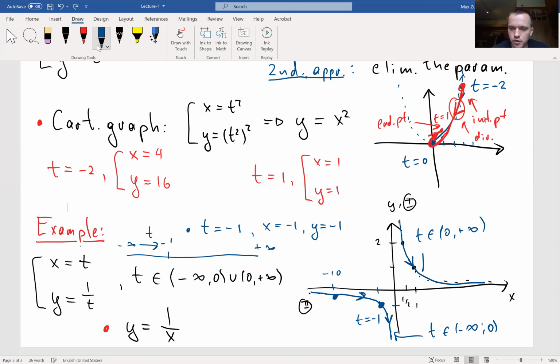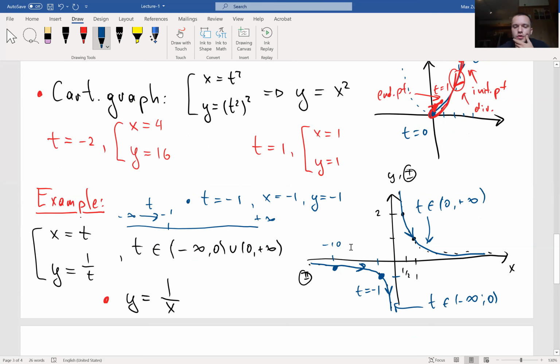Okay, so I indicate these arrows so I know my direction, since I know that when t changes from a smaller value to a bigger value, that is where my particle is going to go. Can you tell me what your initial point is going to be? Do we have some value of t for which you can say this is a point on my graph?